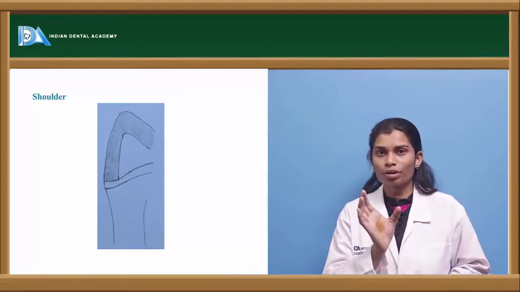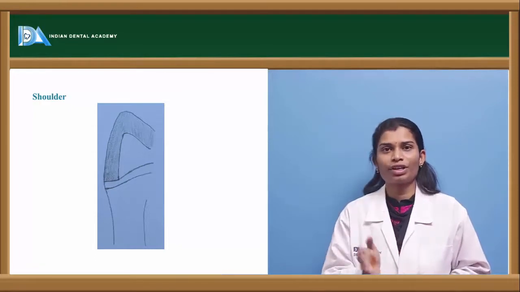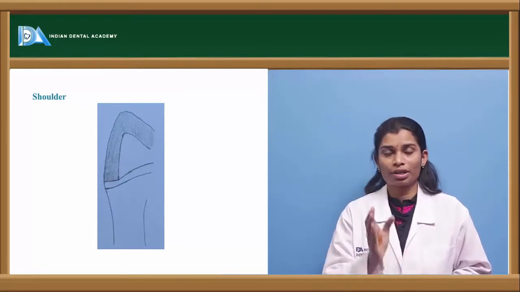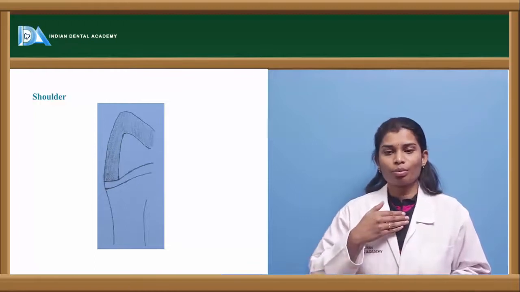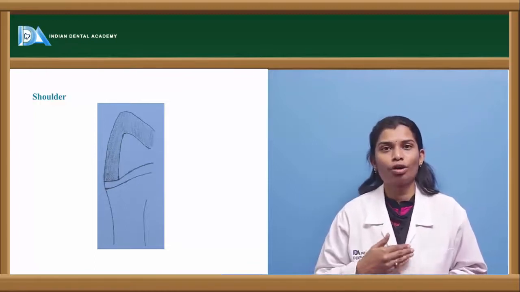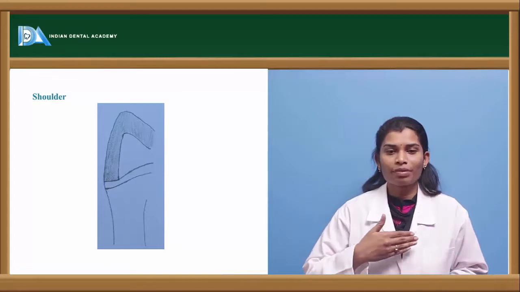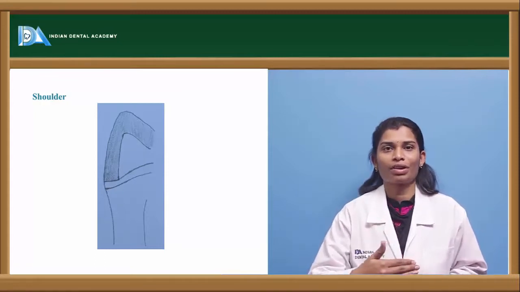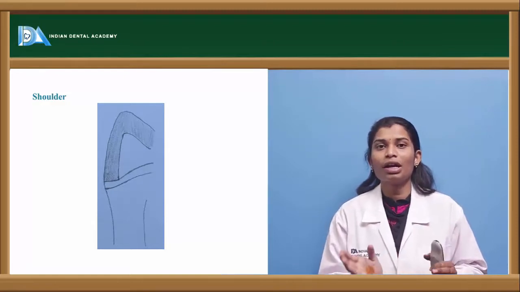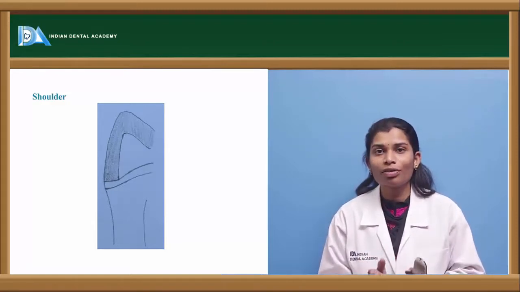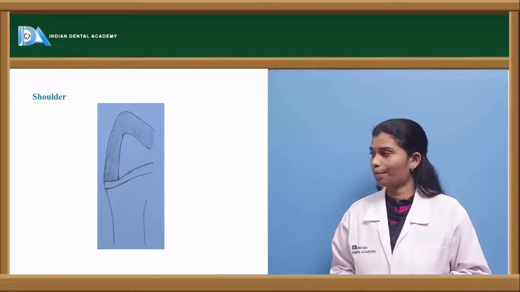Due to the sharpness in the finish line, or due to the more reduction, this roundness is removed. It will be done by a flattened torpedo, where there will be more reduction on the axial surface. This is ideal for all ceramic because due to the more reduction, you can incorporate that bulk of ceramic material there.